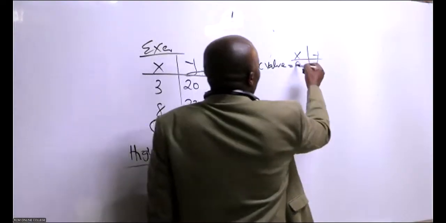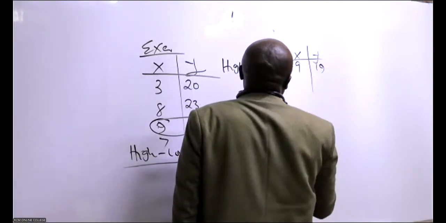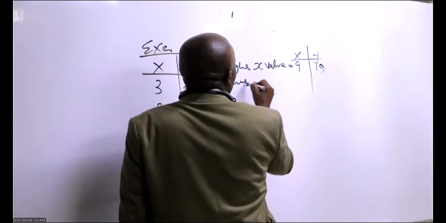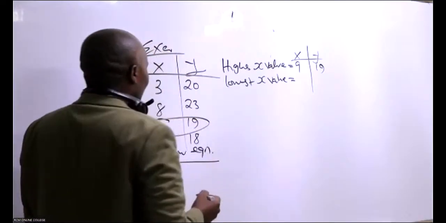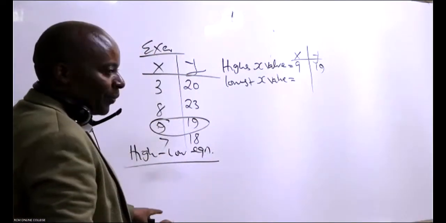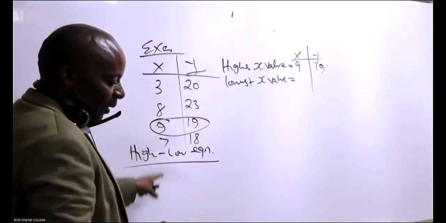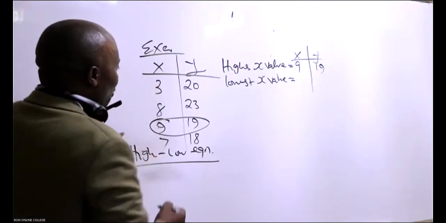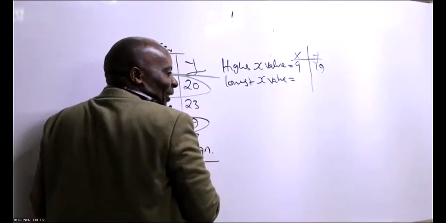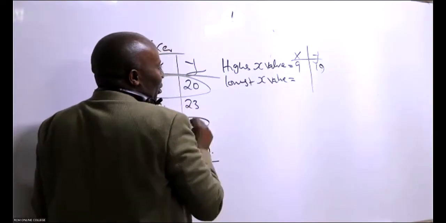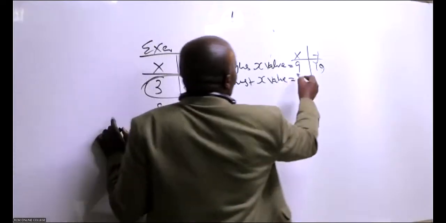So it is 9 and 19. And then we have the lowest x, which is 3, and the corresponding y. So 3 and 20.